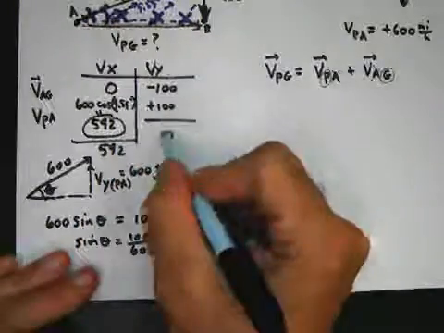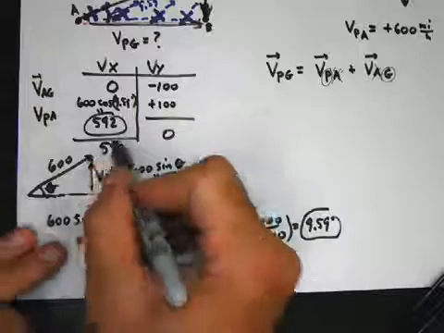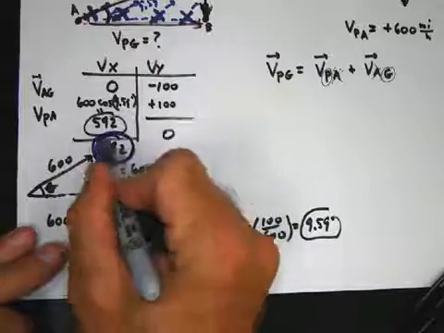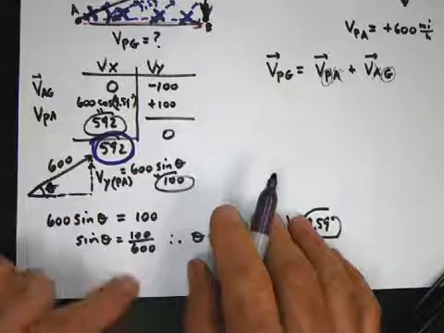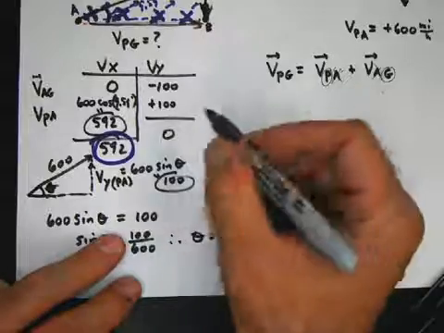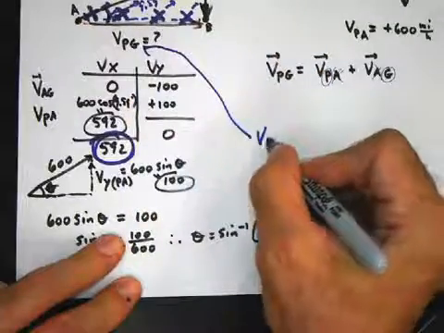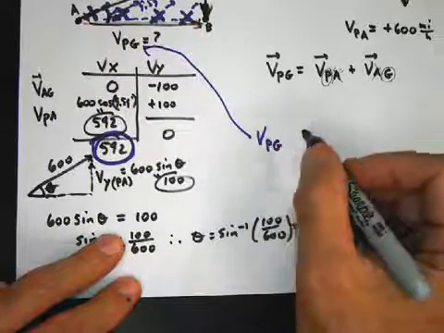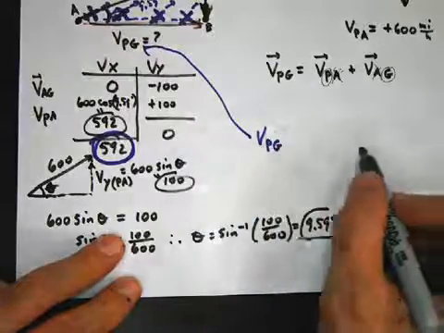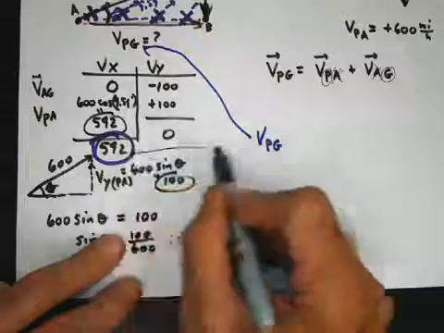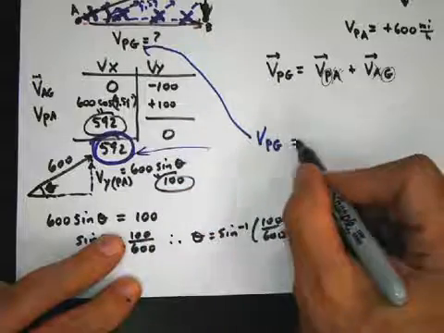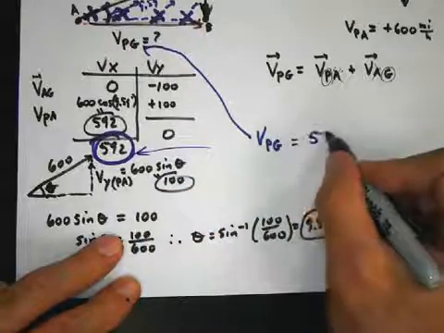So, to make a long story short, I probably overcomplicated the problem for you, but the velocity of the plane with respect to the ground, that's horizontal, would just be this answer right here: 592 miles per hour.